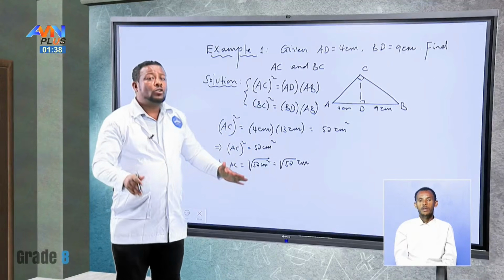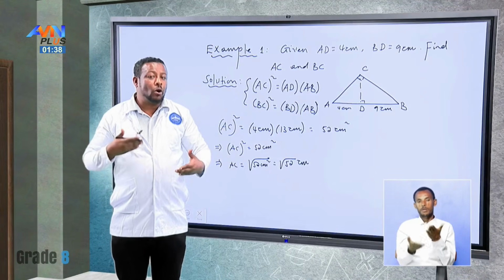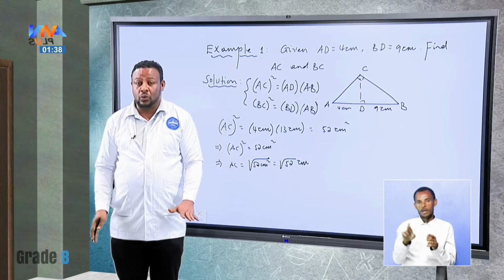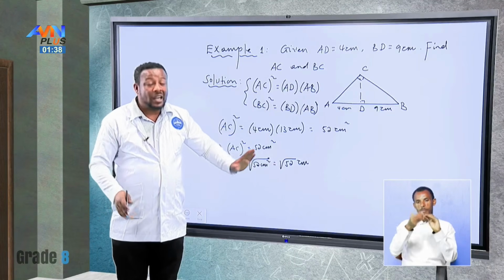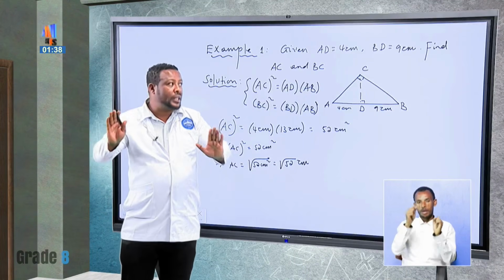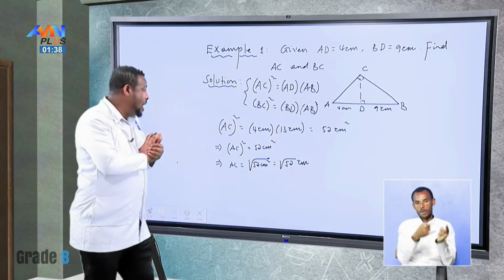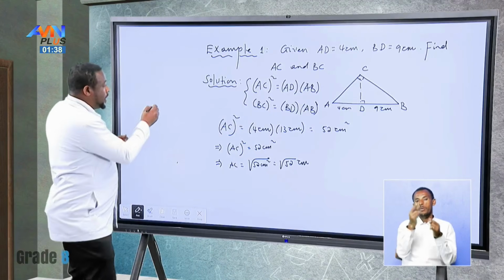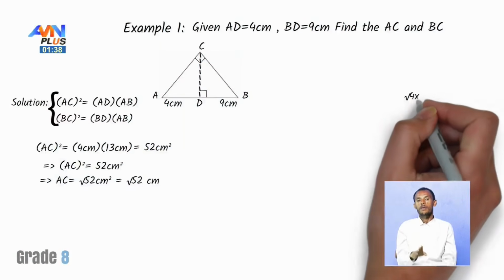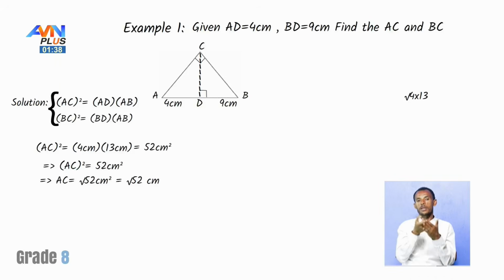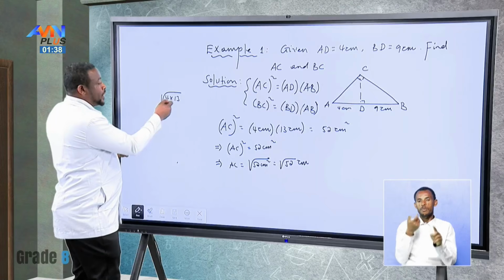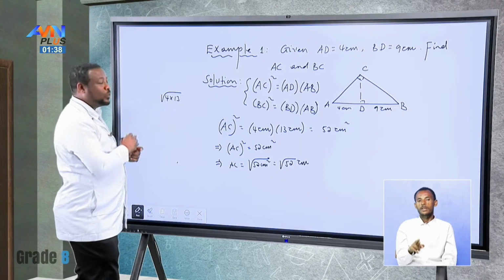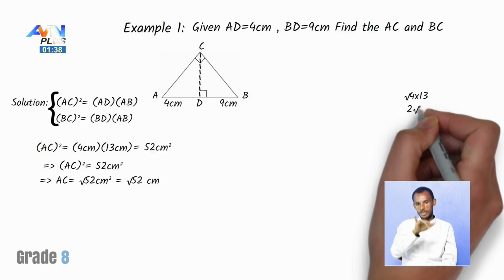Okay, in your answer, you may not directly obtain radical 52 because there are different ways to write a certain number. Radical 52 can be written in different ways. One of the ways is that radical 52 can be written as 4 times 13. 4 can be taken out from the radical, so that in the radical 13 will remain, then this becomes 2 root 13.